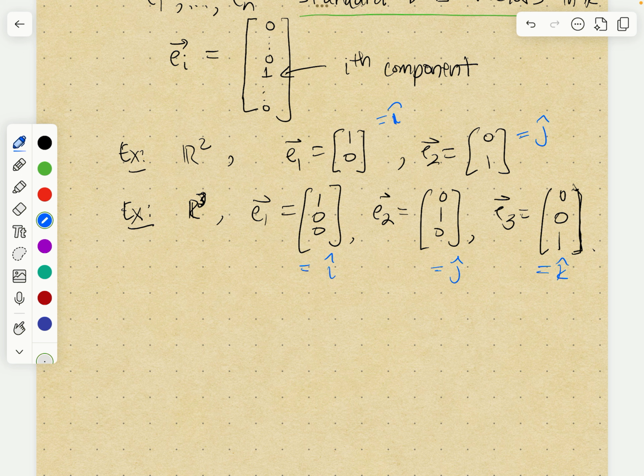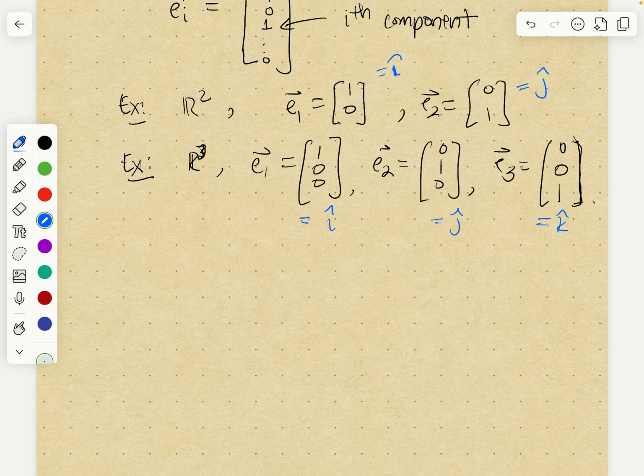It's the same thing, except in general, there are E1 through En. The hat stands for unit vector. I don't think I need to do the example of R4. I think you can see what those are going to be.